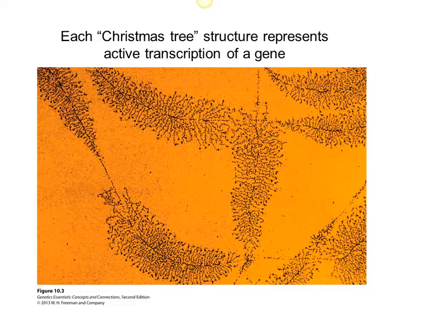And so when you have hundreds of RNA polymerases transcribing the same gene, you get what's sometimes called the Christmas tree structure, because it looks a little bit like a Christmas tree under the microscope, but it marks active transcription of one gene. So I would say a gene starts here and ends over here. Another gene starts over here and ends somewhere off the picture, and so on. So each Christmas tree, you have the DNA sort of crisscrossing your field of view, but each Christmas tree structure represents where a gene is being actively transcribed.